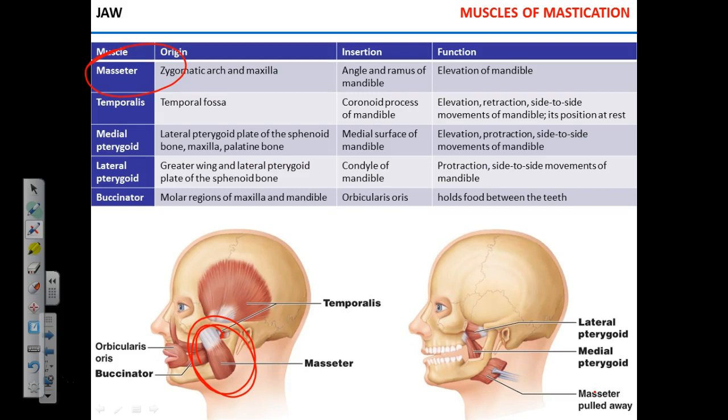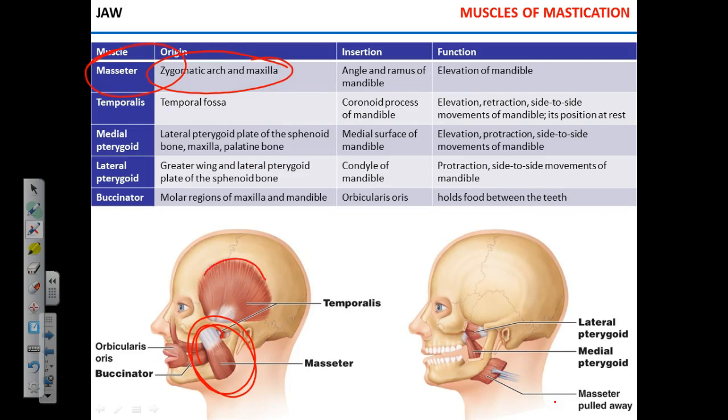Okay, that's masseter. The function of the masseter is to close your mouth, elevate the mandible. It pretty much originates at the zygomatic and maxillary bone and attaches to the mandible. Does that make sense? So upper jaw and the cheek, and attaches to the mandible.